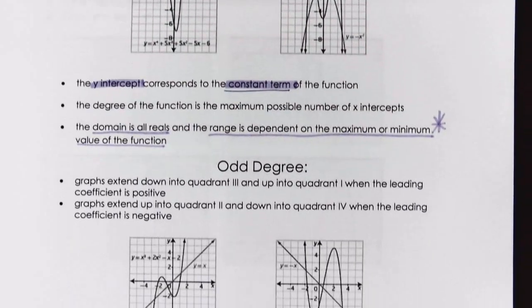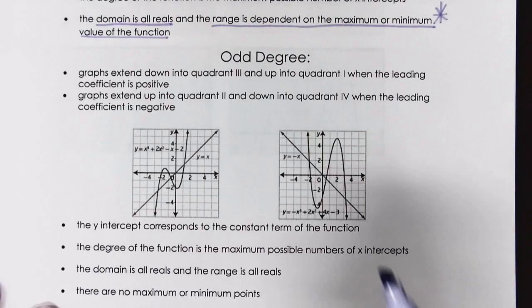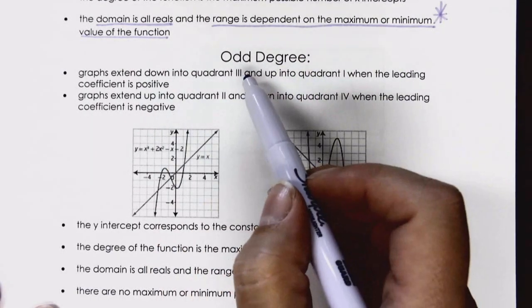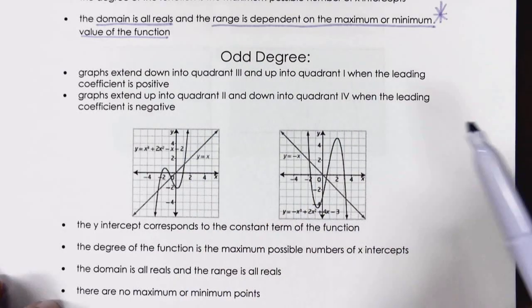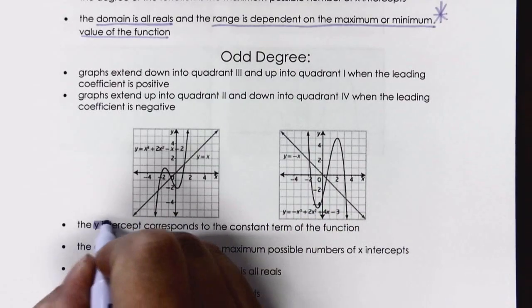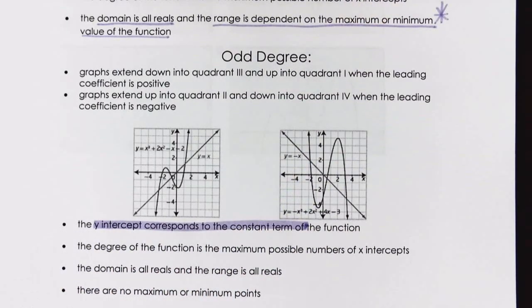In an odd degree, if we have a positive coefficient, it's 1 and 3. If it's a negative coefficient, it's 2 and 4. But we just went all through that. The y-intercept corresponds to the constant term, same thing as in an even degree.